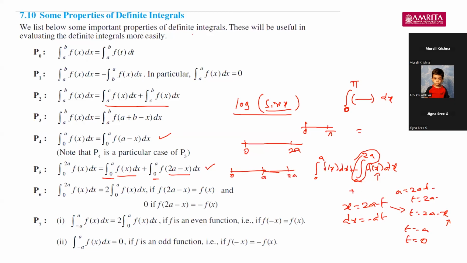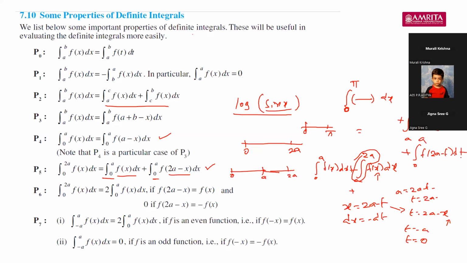So this problem will be converted to integral a to 0 f of 2a minus t into minus dt. Again, using this minus symbol, you can put the limits in proper manner, which is integral 0 to a f of 2a minus t dt.